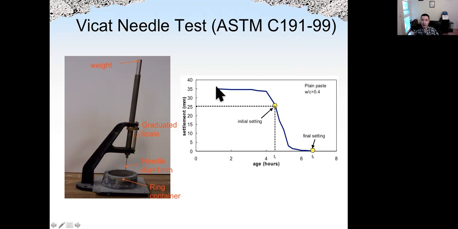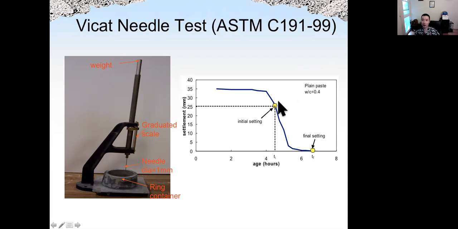We connect all the data points as a curve, and initial set time is when the penetration is less than 25 millimeters or 1 inch. And final set time is when the needle can no longer penetrate the mortar at all, so 0 penetration depth.